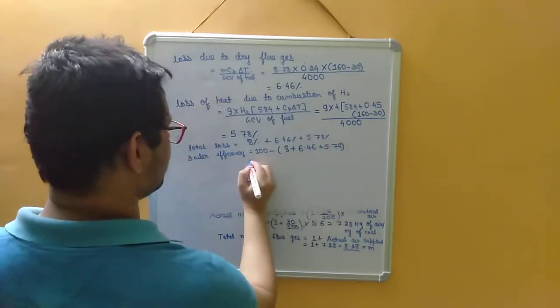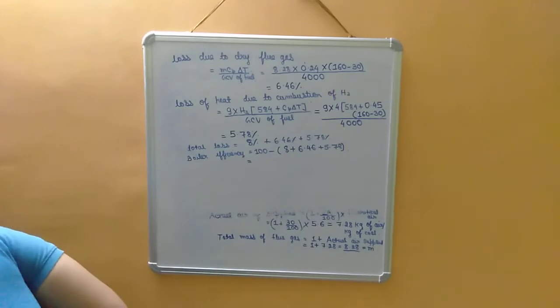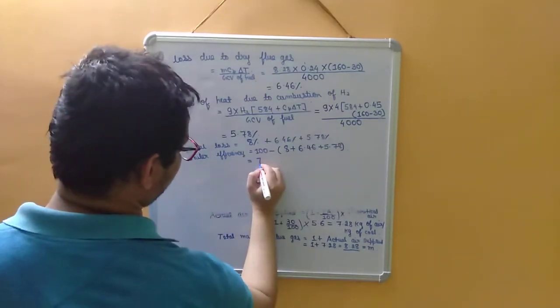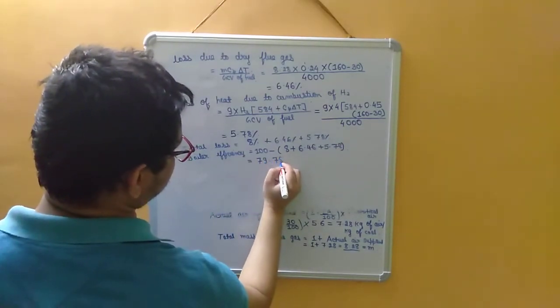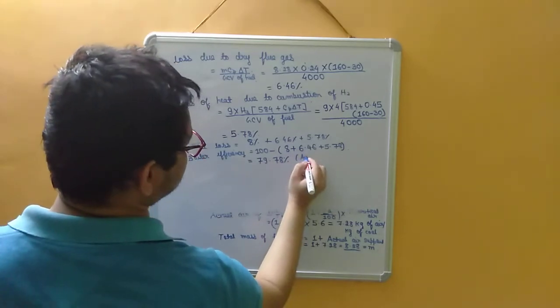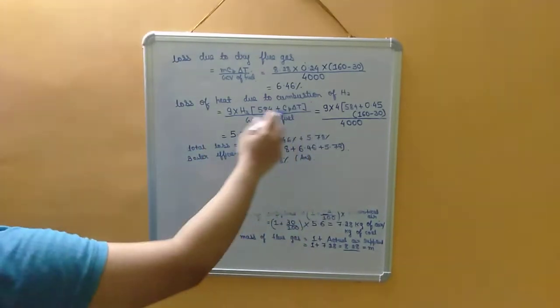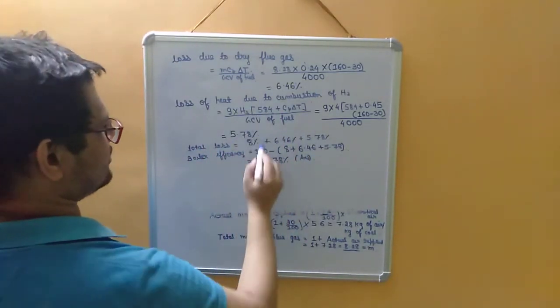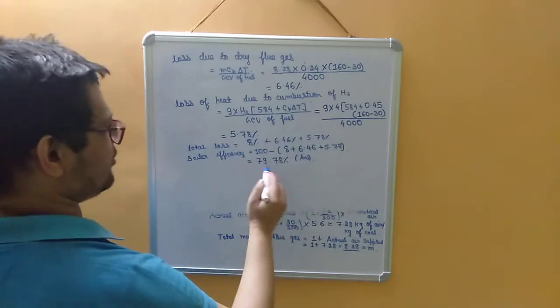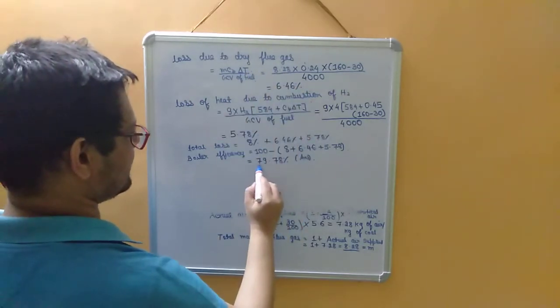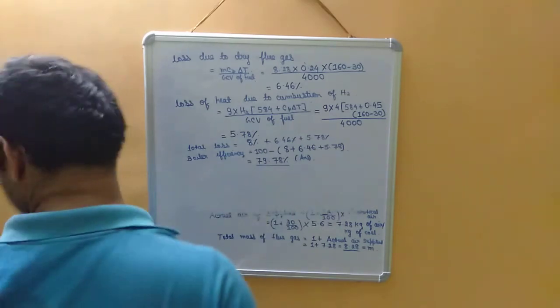If we calculate this value, ultimately we will get the answer, that is 79.78%. So this will be taken as the answer. I hope you understand how to calculate the boiler efficiency using the indirect method, that is 79.78.